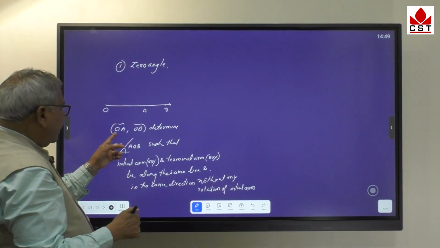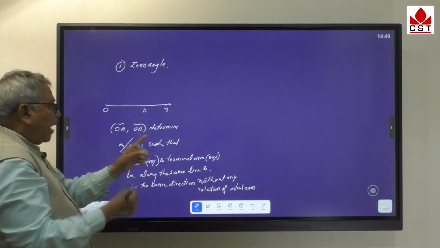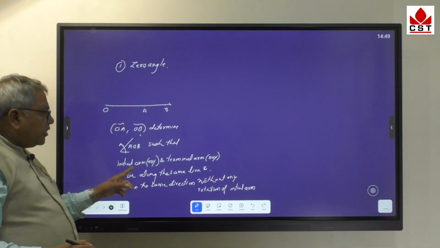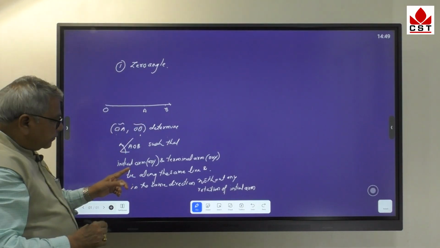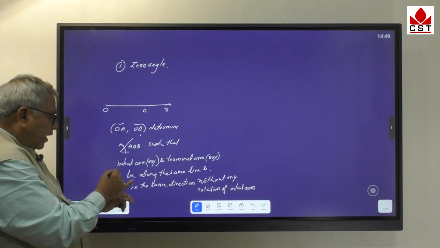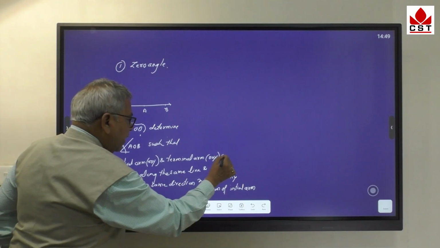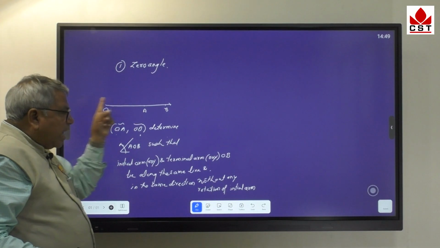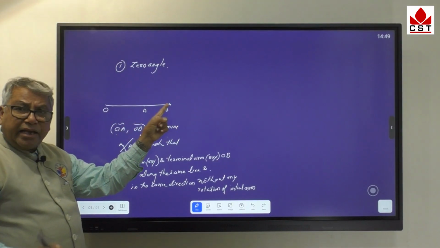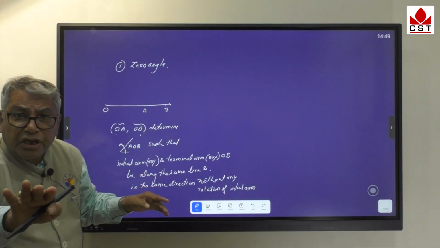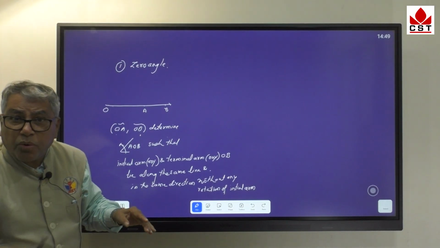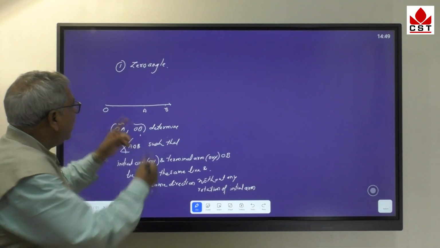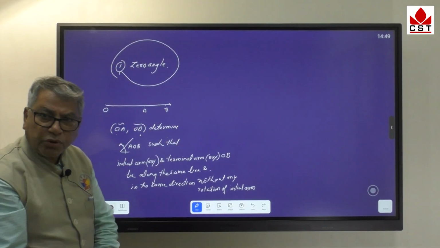Ray OA, ray OB determine directed angle AOB such that initial arm ray OA and terminal arm ray OB lie along the same line and in the same direction without any rotation of the initial arm. Such an angle is called a zero angle.